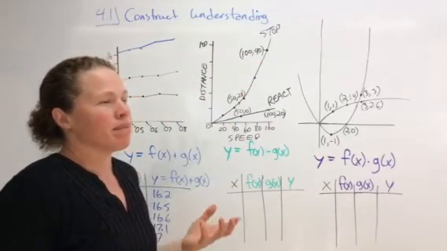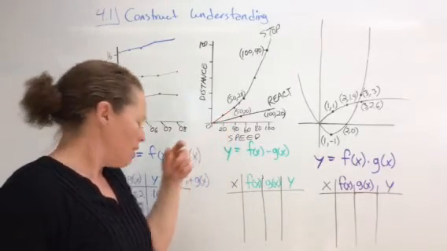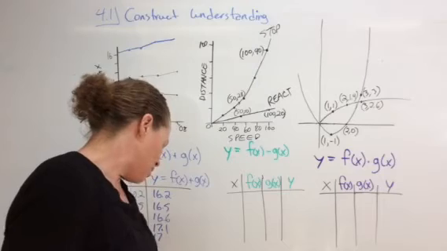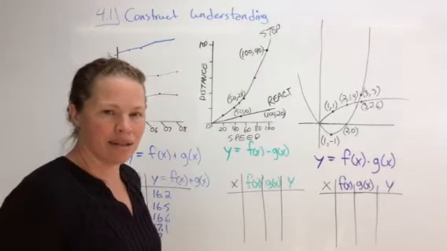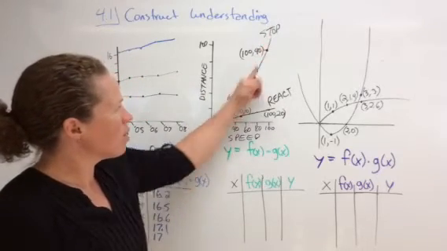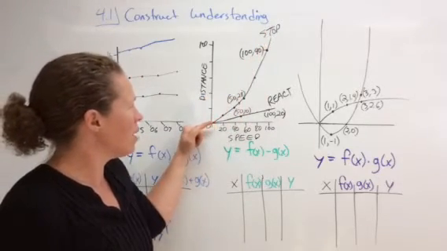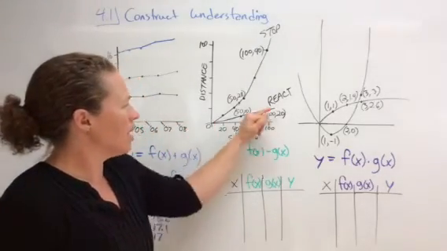But if you wanted to find the braking distance, this is basically your total here. That's the total amount of time that you take to stop, or the total amount of distance you go before you stop. This is your reaction time.